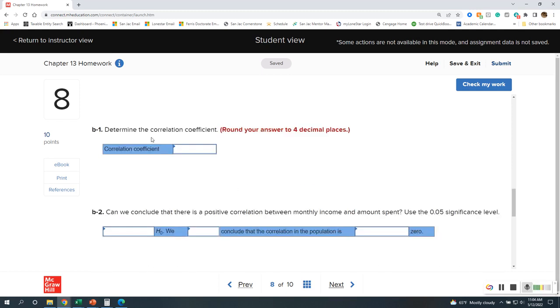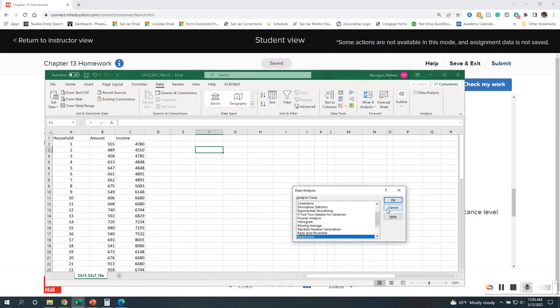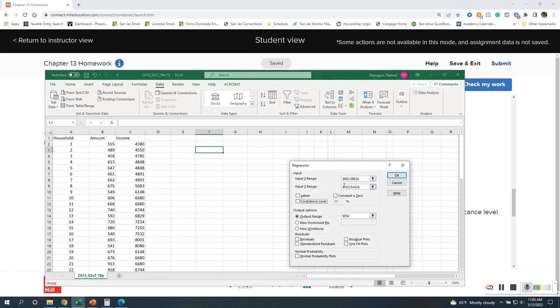So again, we're going to determine the correlation coefficient. So again, I'm going to let Excel do this for us. Data analysis, regression. Again, we're going to put in our numbers. So the range is actually in the right spot, but it needs to be bigger.